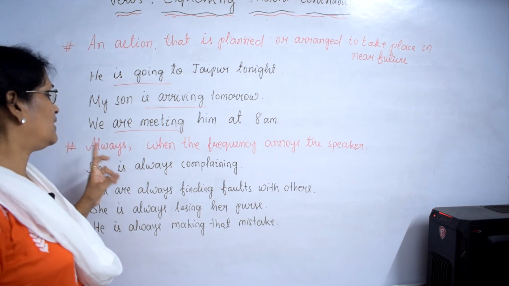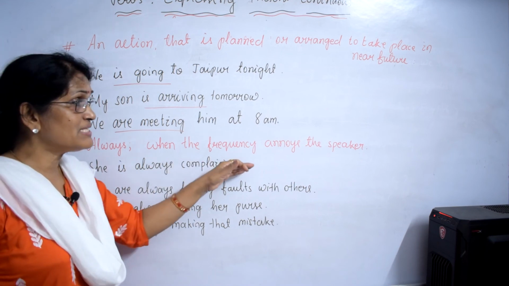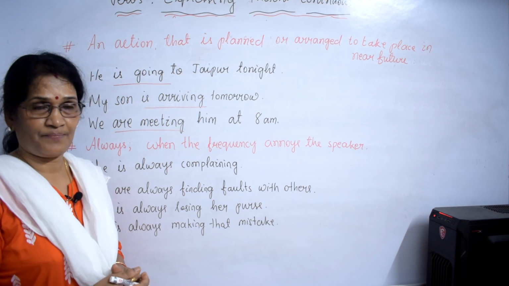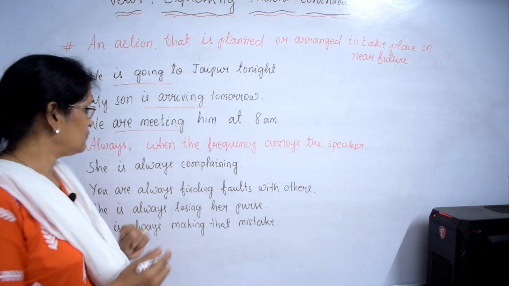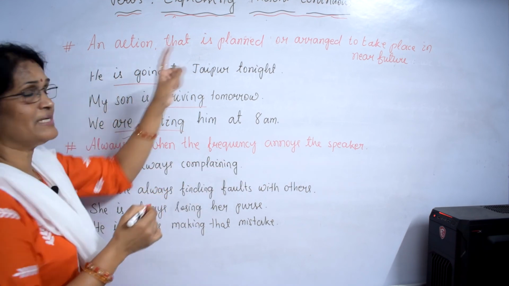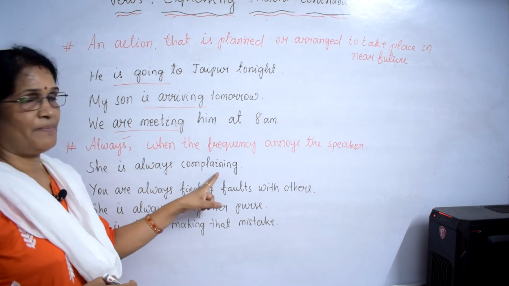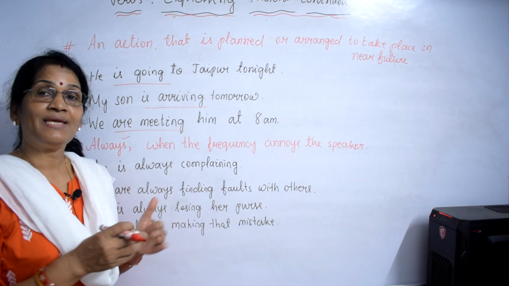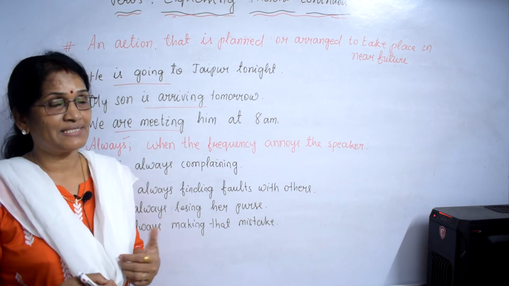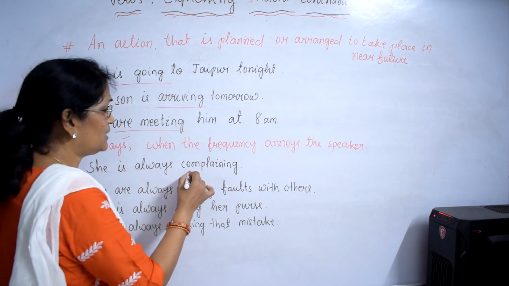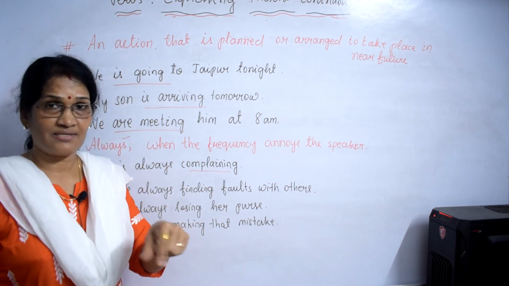Also you use present continuous with the adverb always, when the frequency annoys the speaker. Frequency means repeated action. When it annoys the speaker, there we use always with present continuous. She is always complaining. He is always complaining against me. One complaint annoys others.